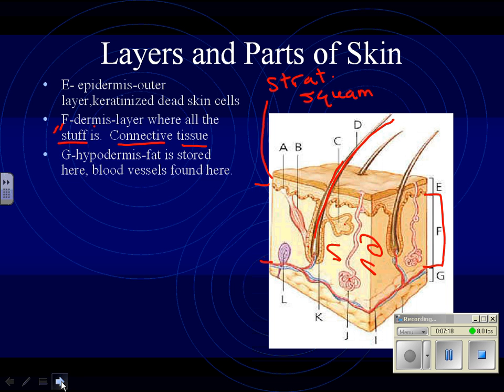And then the lowest layer of the skin down here is called the hypodermis. Hypo means below. Maybe you've heard of a hypodermic needle. A hypodermic needle is one that is long enough to penetrate through the skin to the bottom layer there. Okay? The hypodermis is where fat is stored.